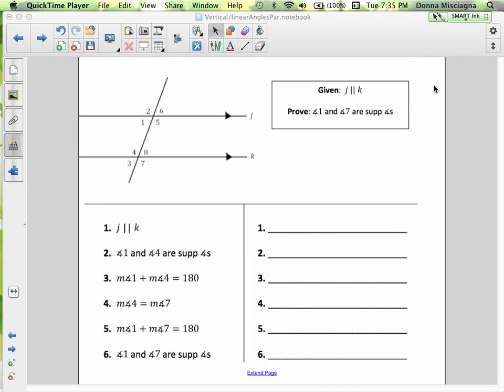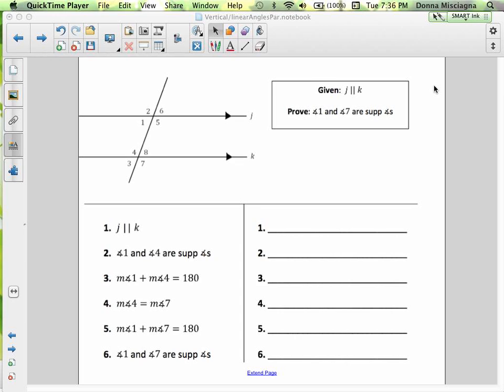So I have all the statements here that are connecting them, and then we're going to fill in the reasons. Sometimes you're going to be given all of the statements and you fill in the reasons. Sometimes you'll be given some of the statements and some of the reasons, and sometimes I may ask you to develop the statements and reasons yourself.